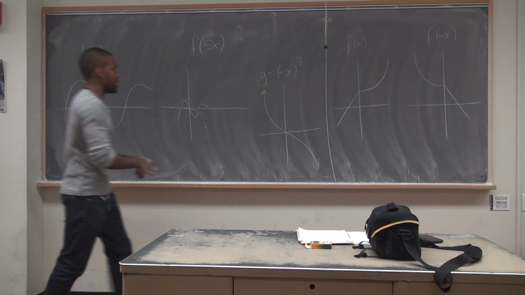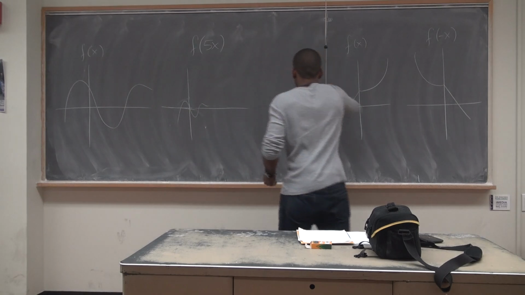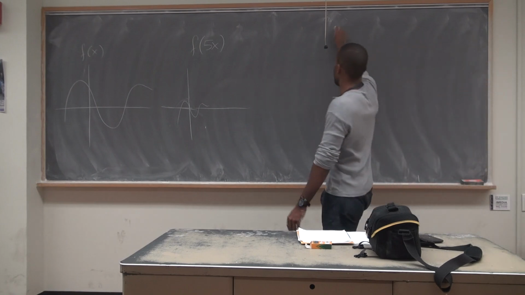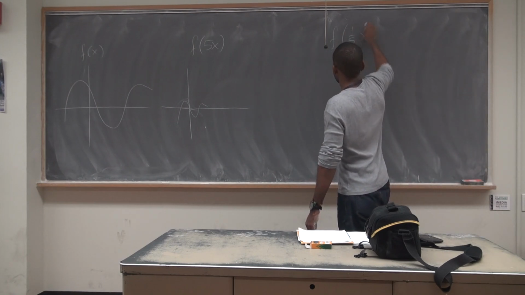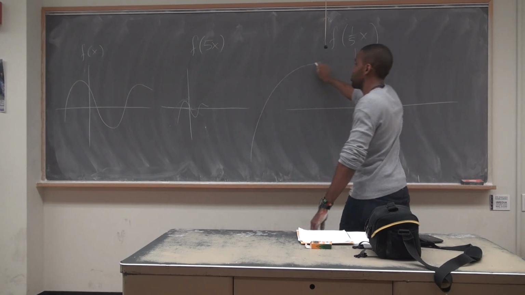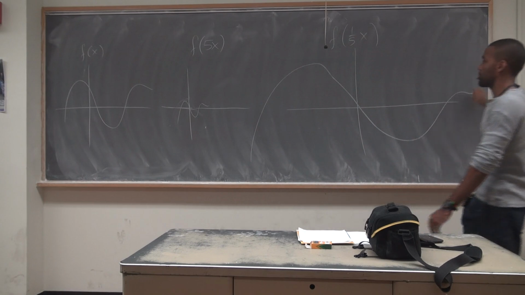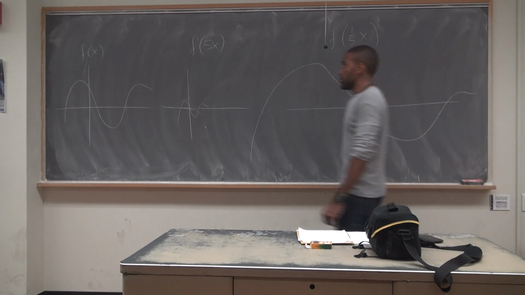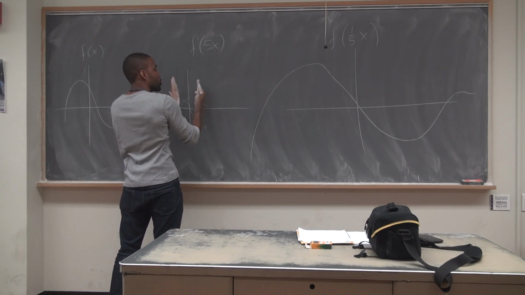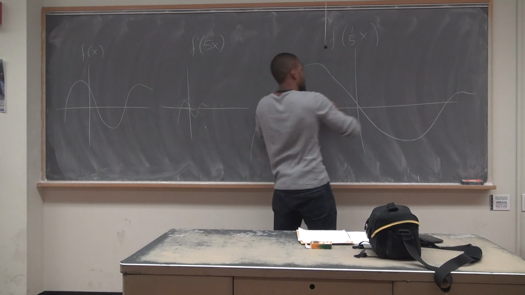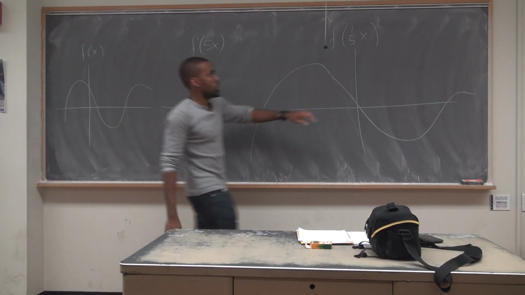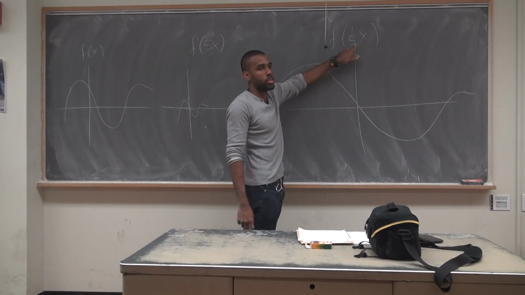And if I did f of 1/5 times x, it will actually stretch it out. So when you're affecting the x, it's sort of counterintuitive. Multiplying by a bigger number actually squishes you, and multiplying by a number less than 1 actually stretches you out. The idea of why that works is because you have to think of how your inputs have to compensate for the change.